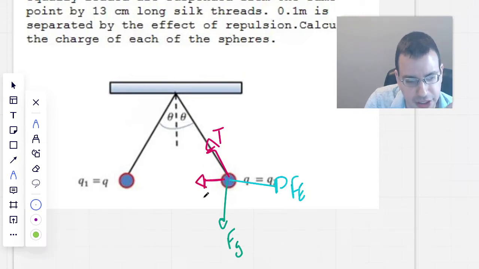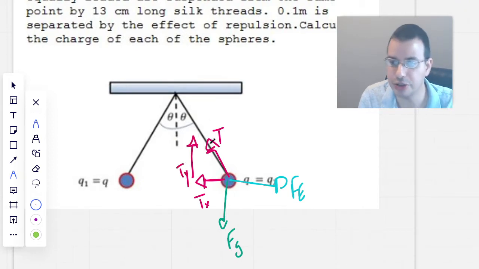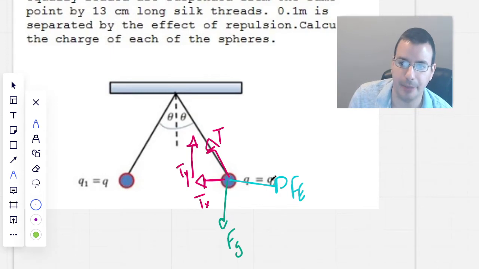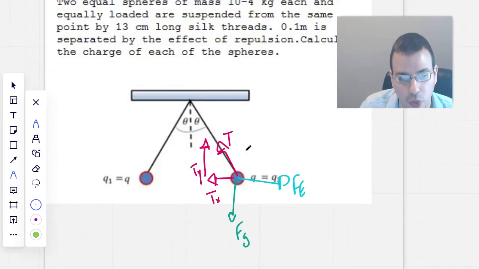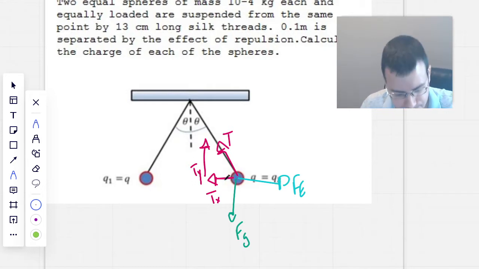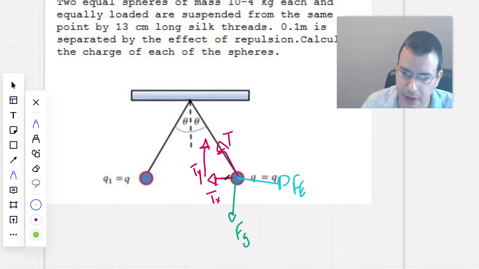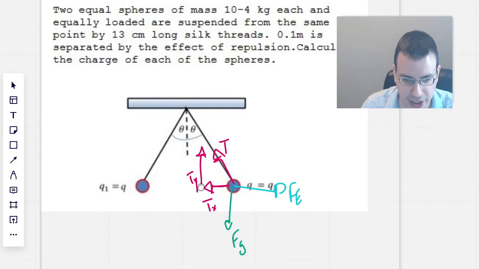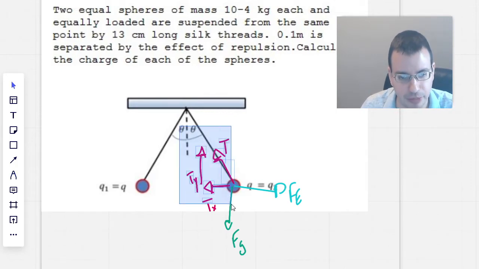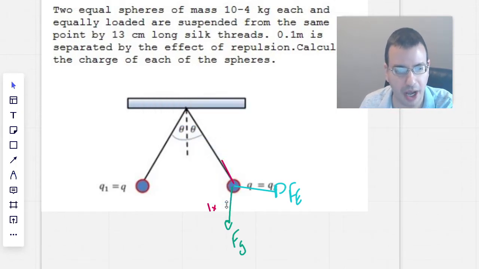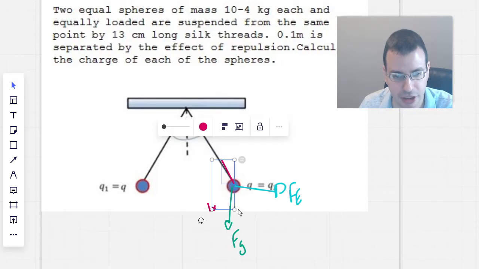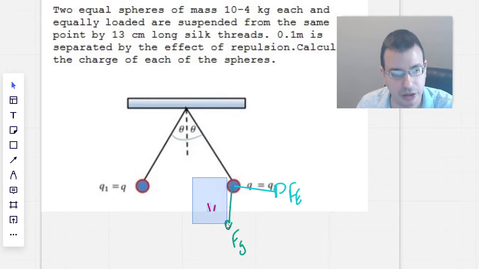Okay, so this is going to be tension in the x direction, and this is going to be tension in the y direction. I just broke down the tension into its x and y components. So now we're going to be able to say that the force electric and force gravity correspond to the x and y components of the tension.